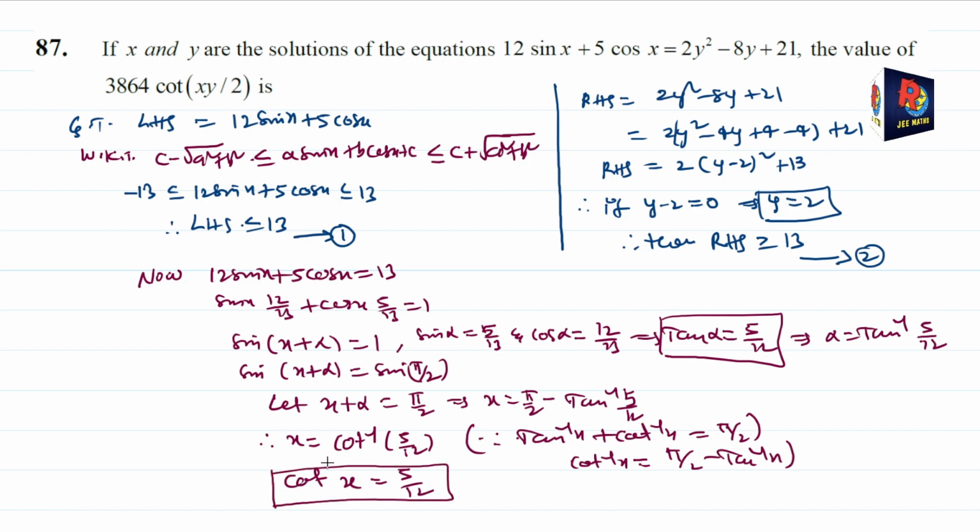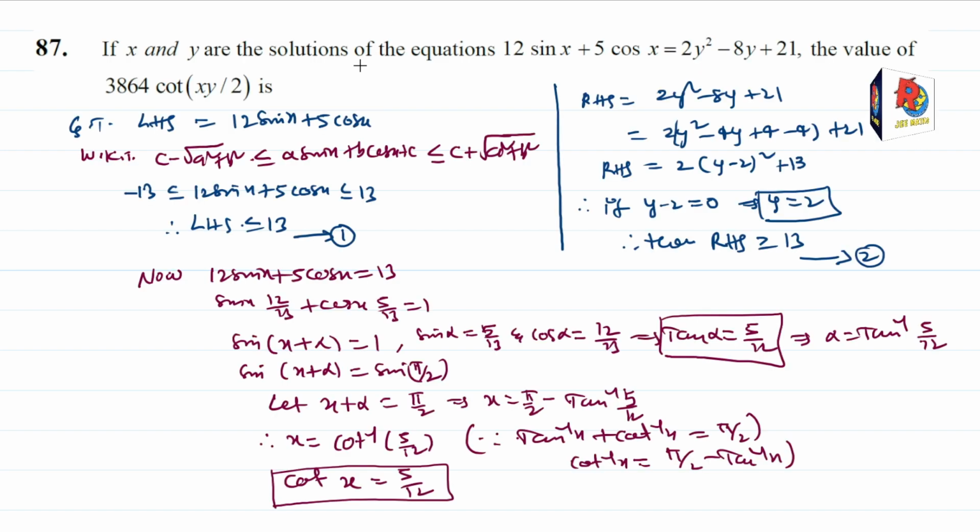We got the y value and we got the x value. Now, what we required in this question is 3864 into cot x times y by 2.